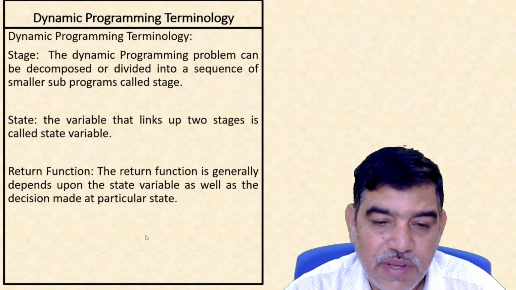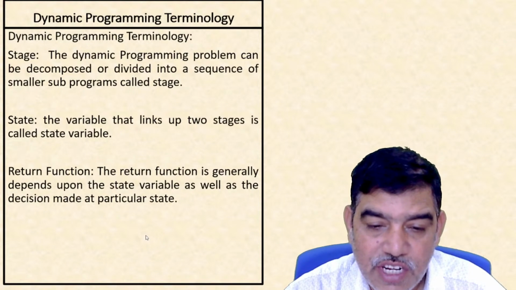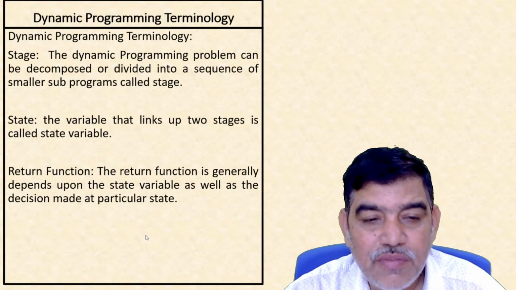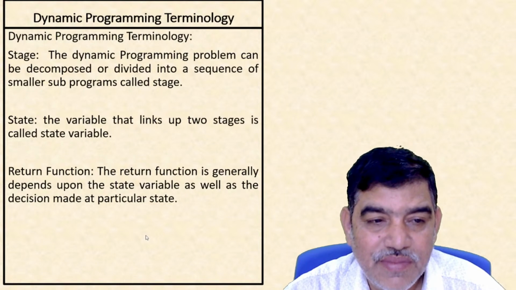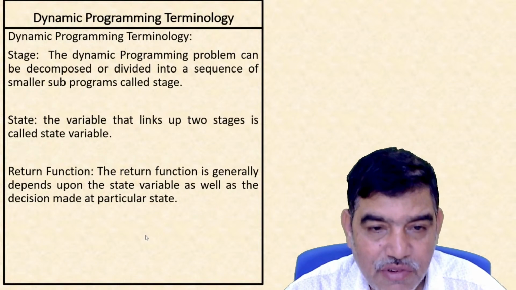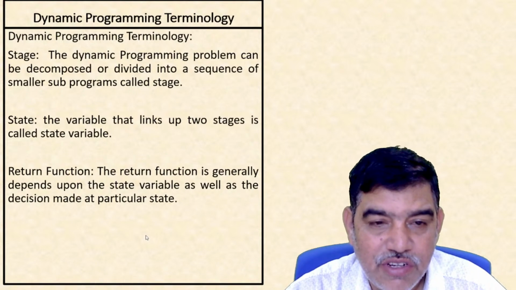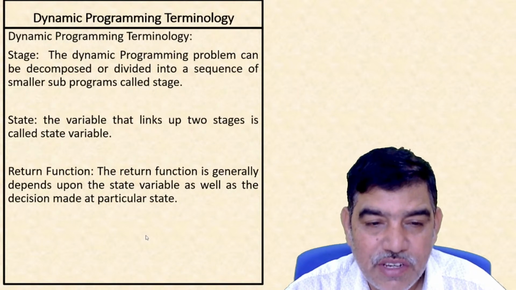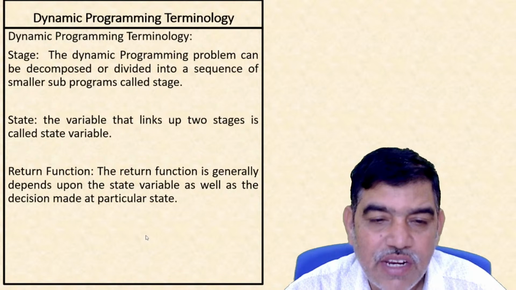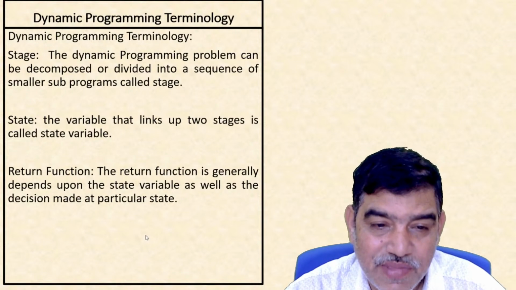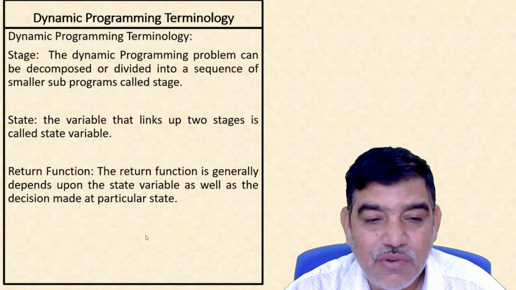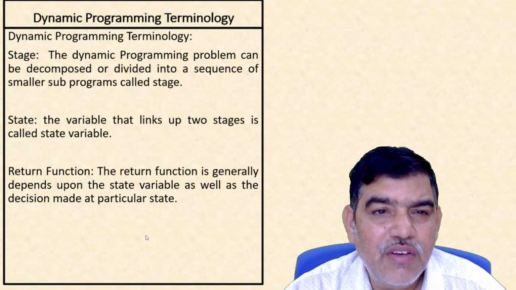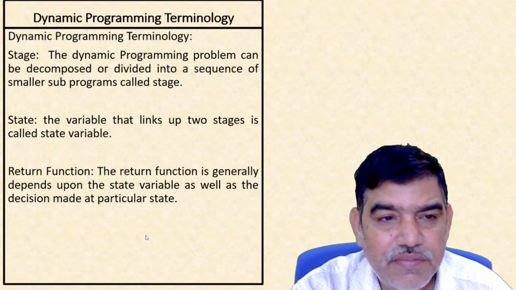So the job of the salesman is to cover the shortest path to reach from city A to city B. At that time, we have to find the optimal solution, that means the minimum shortest distance. If it is mentioned in terms of time, we calculate the minimum time to reach from source to destination. So these are the terminologies we basically use in dynamic programming.